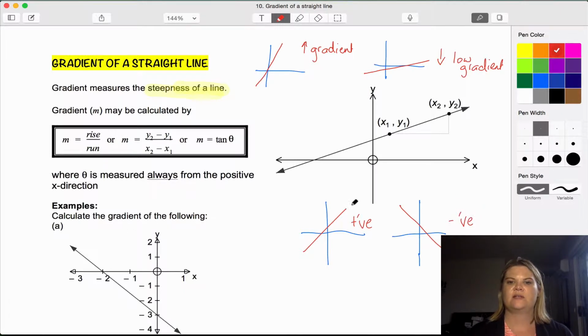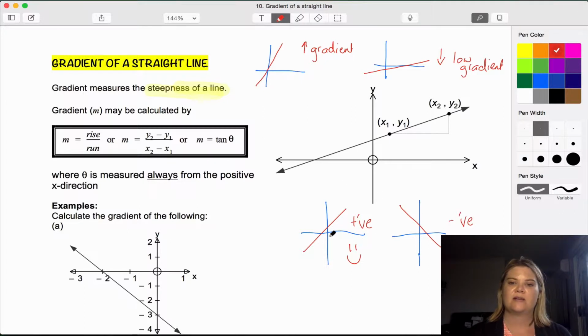It can be useful to think of this if you look at these two graphs and think about which one you would prefer your company to be having. If someone came to say this is how much money you're making, if you had a graph that looked like this that was going up, I would be really positive and really happy. So this one is positive, and if I had a graph that looks like this, I would be really sad and negative because I'd be losing lots and lots of money.